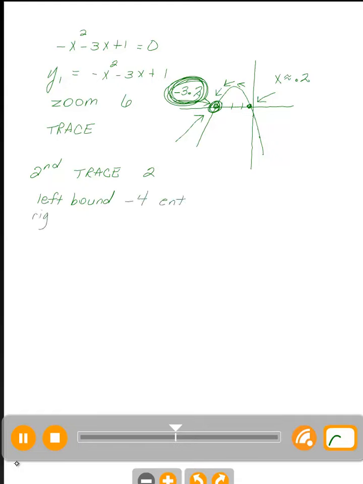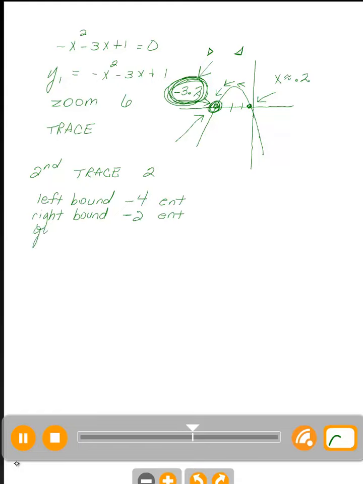Then the calculator asks, right bound? I want a number that's to the right of negative 3.2, so I'm going to put in negative 2, enter. That places at the top of your calculator screen an arrow between negative 4 and negative 2, and it will search in between there for a value where the y is 0. It's looking for an x value where the y is 0.